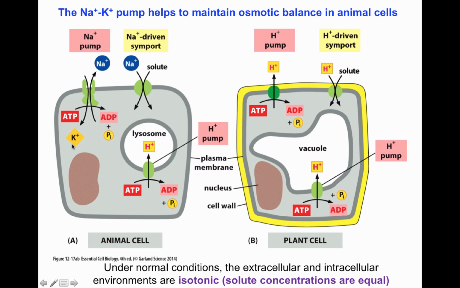So the finesse that is happening in animal cells is the balance of the use of potassium to bring in solutes across the membrane with the export of sodium ions using the ATP-driven potassium-sodium pump to keep that solute concentration of potassium equilibrated in the inside of the cell with the sodium concentration outside of the cell.